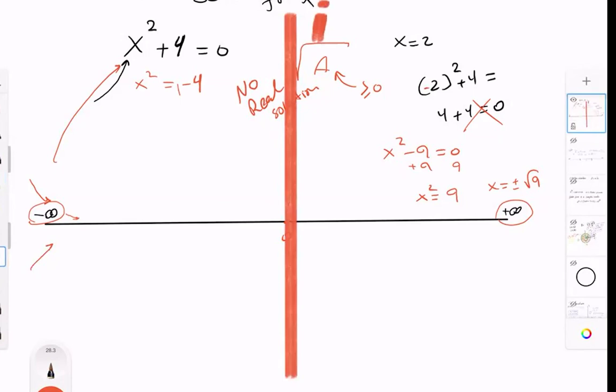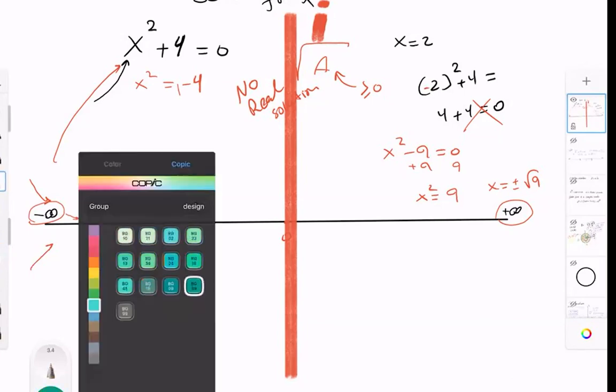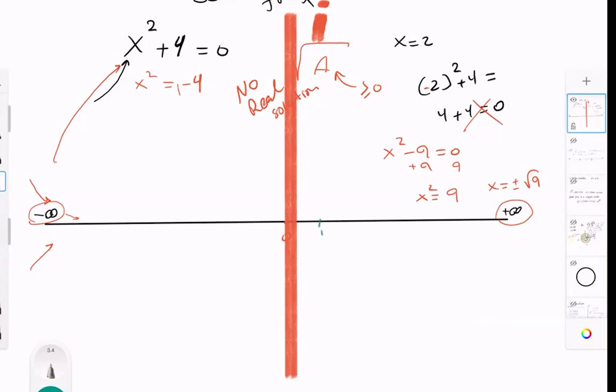This is very important. The i means imaginary, and we are dealing with complex numbers, so it's not real, it's complex. For example, this is 1, 2, 3. Here we have 1i, 2i, 3i. What is i? i is radical negative 1.